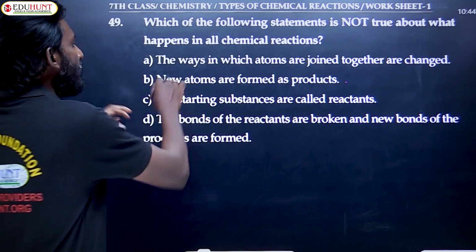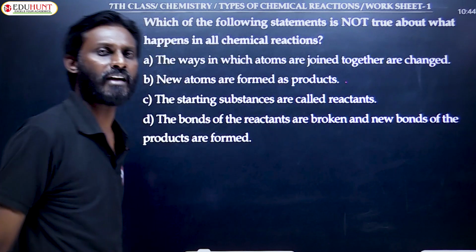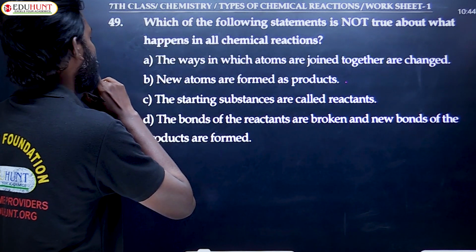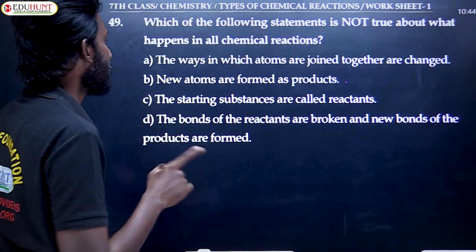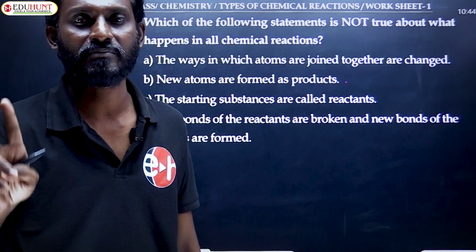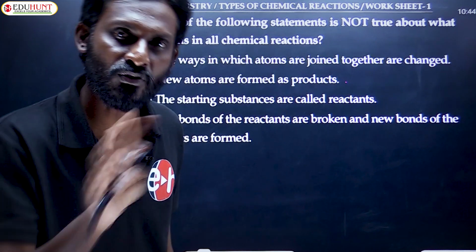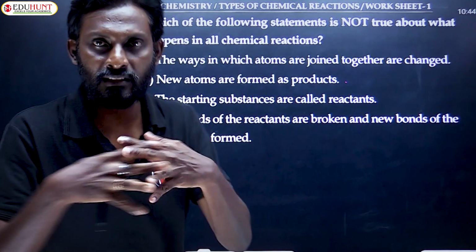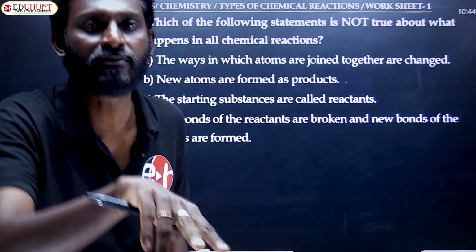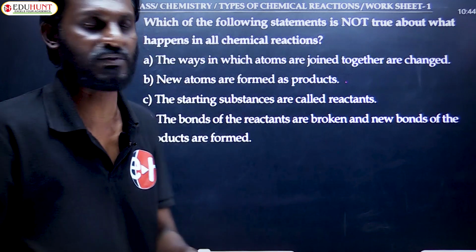We can understand the way in which atoms are joined together and their bonding changing. Yes, that is correct. New atoms are formed as products. See, in a chemical reaction, new atoms are not created, not formed, only atoms rearrange. Atoms change their bondings. Old bonds are breaking, new bonds are forming between the same existing atoms.